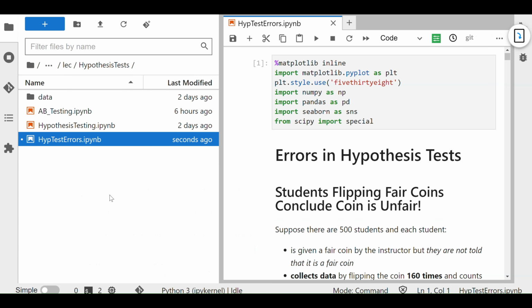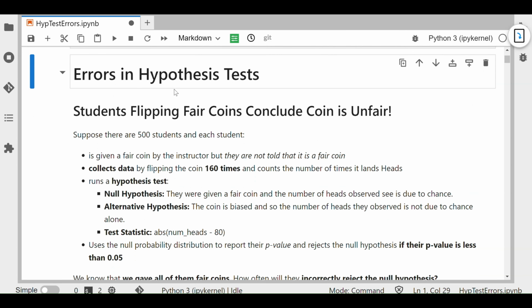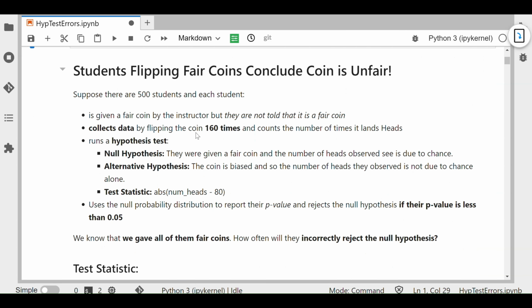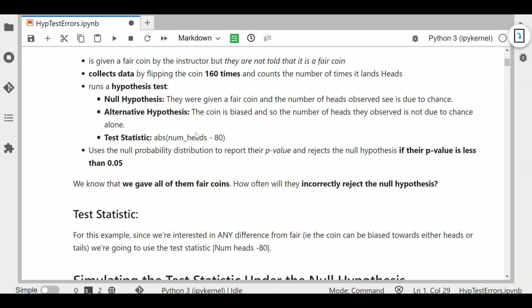To get some intuition about this question, let's simulate it. I'm in the hypothesis test folder using the hypothesis test errors Jupyter notebook. We are going to set up this scenario where we have the 500 students. Each student is going to flip a coin 160 times. They're trying to test this null hypothesis, and we're using 5% as the cutoff.